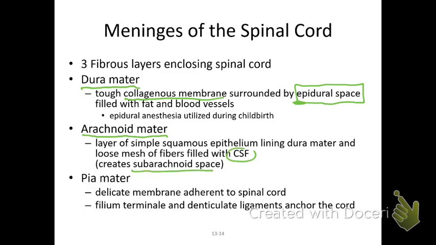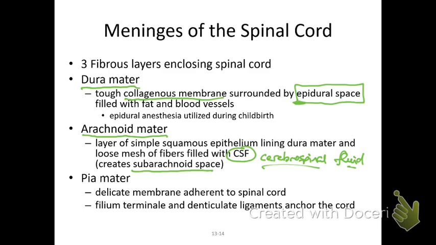This space is filled with a solution called the cerebrospinal fluid, CSF. This fluid not only goes around the outside of the spinal cord, it also travels down through the center of the spinal cord through a structure called the central canal. And this fluid also has a circulation pattern and travels up around the brain as well.